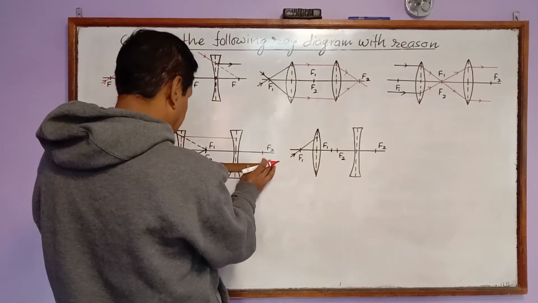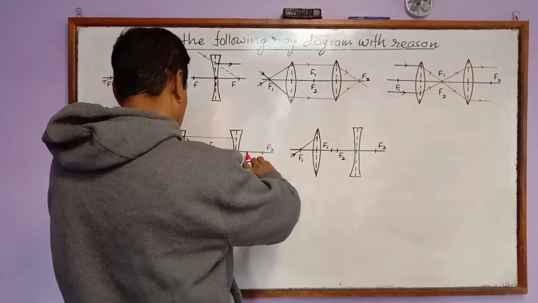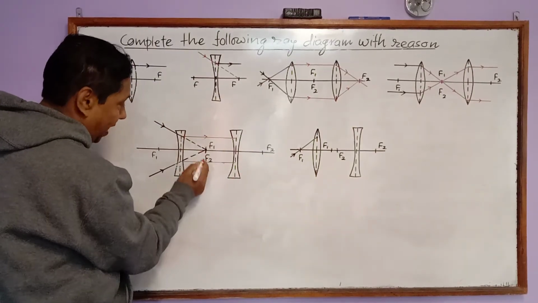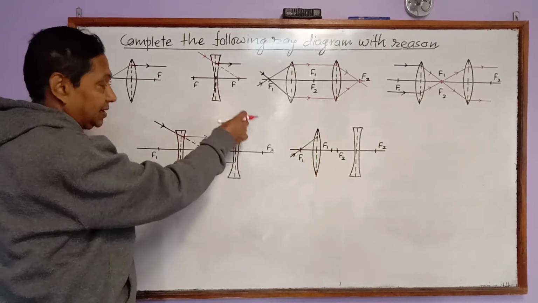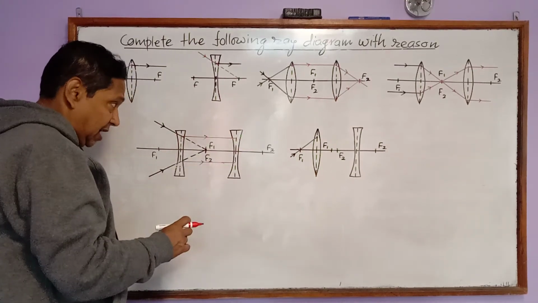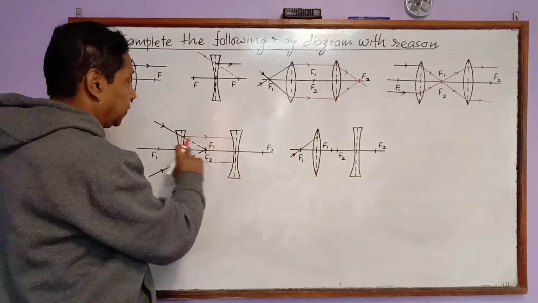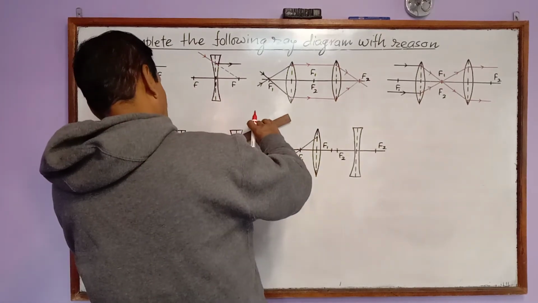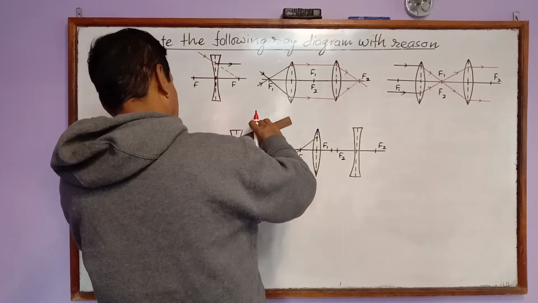Then we have the second case also. I mean to say we have to write about the second lens also. This is a parallel ray. Now these two rays are parallel to the principal axis of the second concave lens, and so both of them diverge as if from the focus. And f2 is the focus of this second lens.